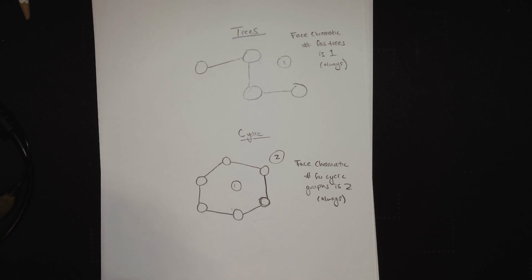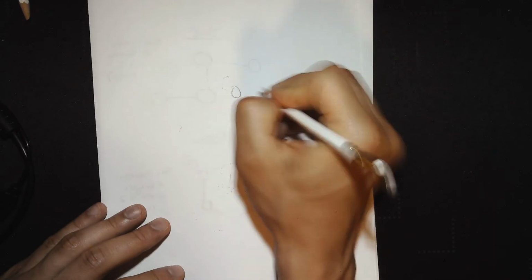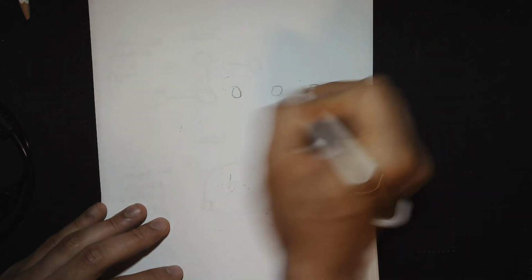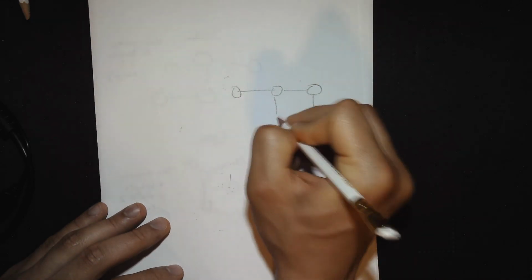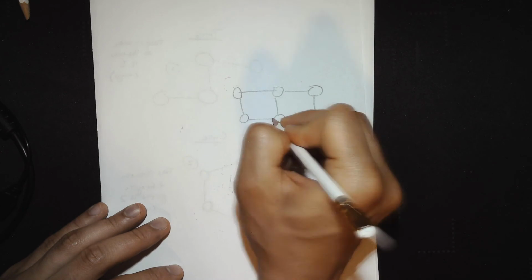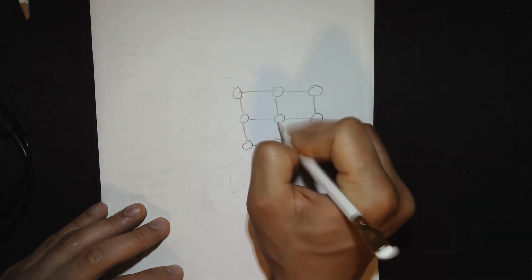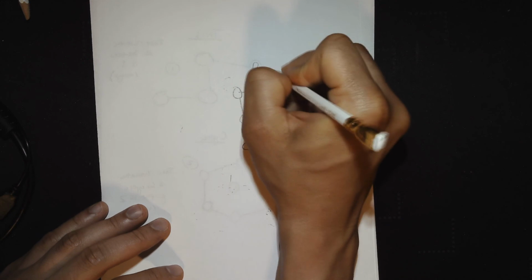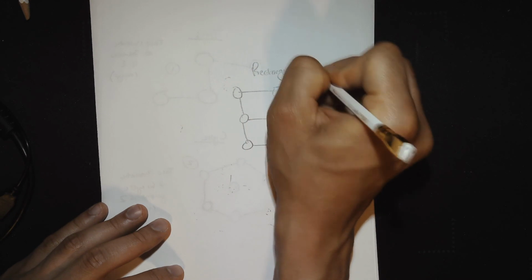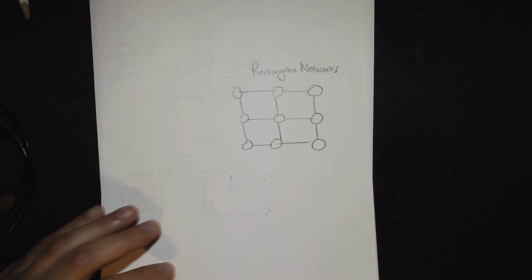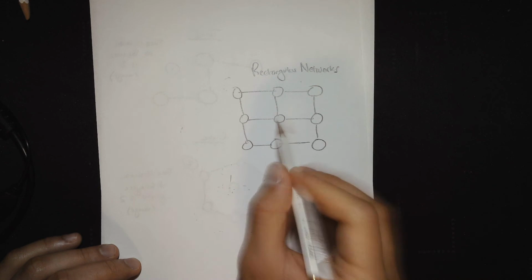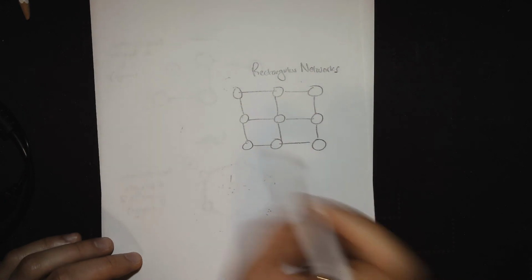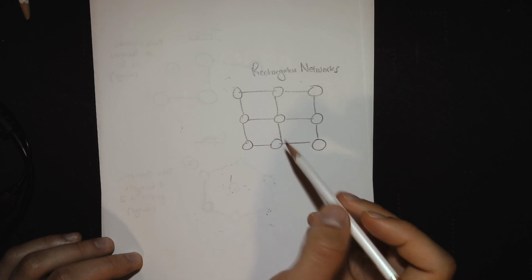All right, we're going to look at another family, rectangular networks, which we had already seen once before in this video. We saw that the face chromatic number of this particular rectangular network with 9 vertices is 3.